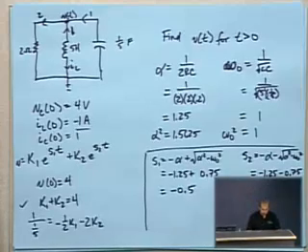Plug them in, make sure we get the right answers here. So 1 K1 plus 1 K2 equals 4, and negative 0.5 K1 minus 2 K2 equals 5. I must not have put that in right.